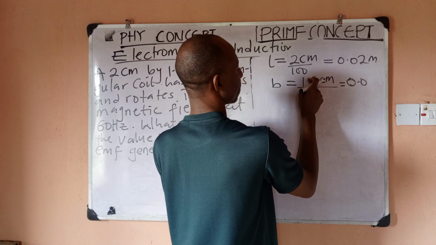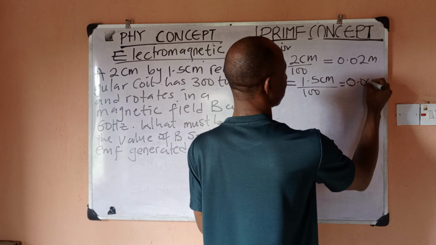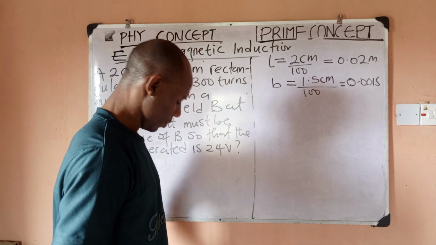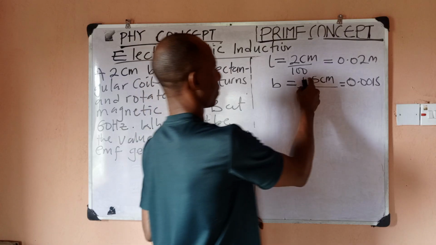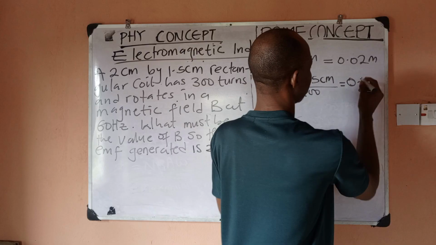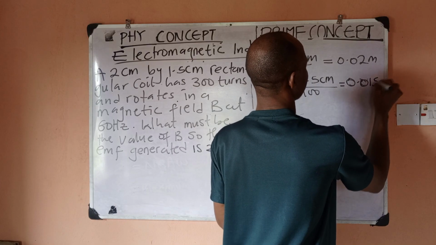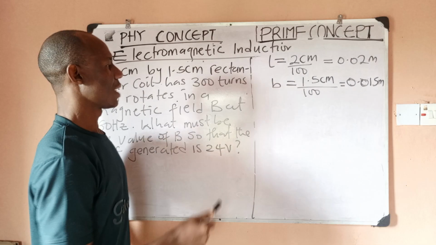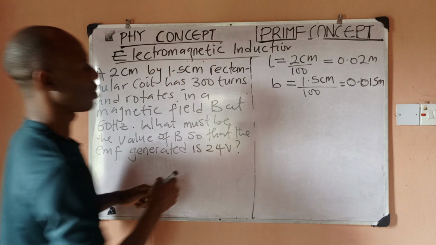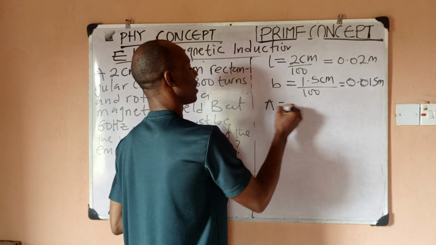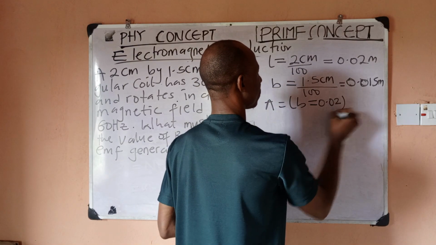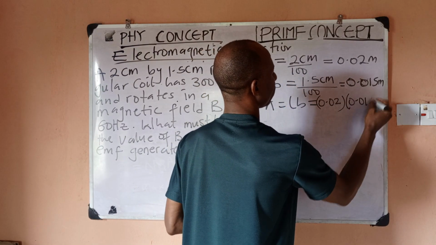So that is my breadth. Then they said the rectangular coil has 300 turns. So let's find the area first. The area is going to be length times breadth, since it is rectangular, which is 0.02 times 0.015.